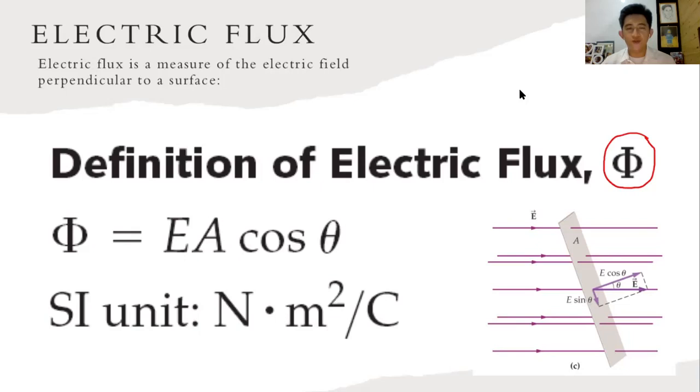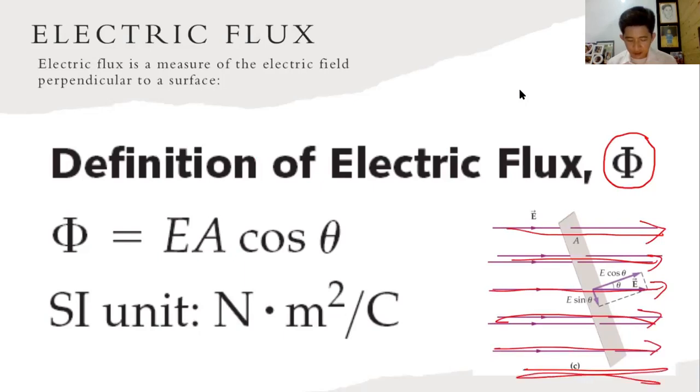So you will notice that when we say perpendicular to the surface, the area of this surface is placed on a horizontal, and the electric field lines are perpendicular to this surface.